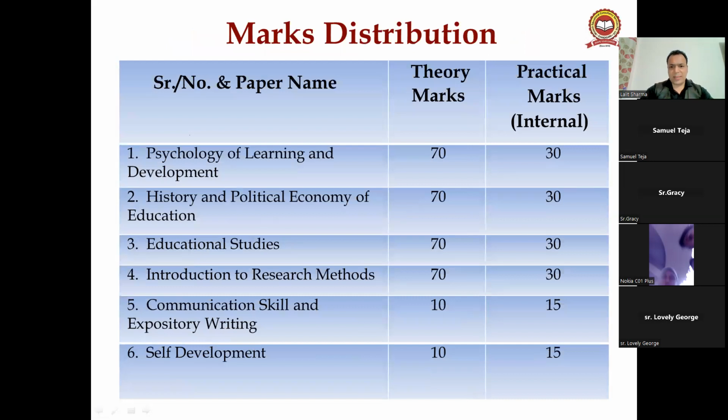So guys, all your 4 theory papers are of 100 marks, right? But out of the 100 marks, only 70 marks are for theory. 30 marks are for the internal practical, where the college and university give you an assignment to make. So it is an easy one.